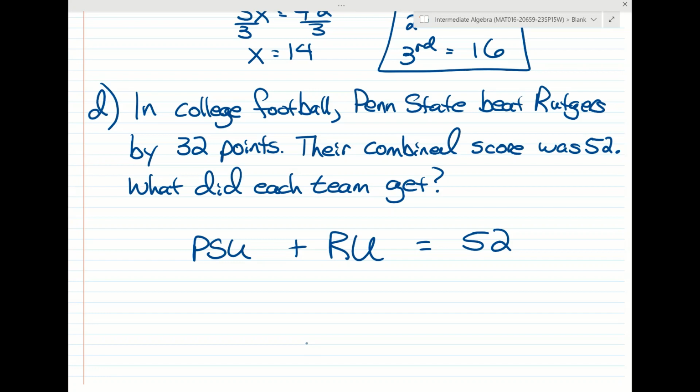52 minus 32. 52 minus 32 equals X. You'd get 18, right?